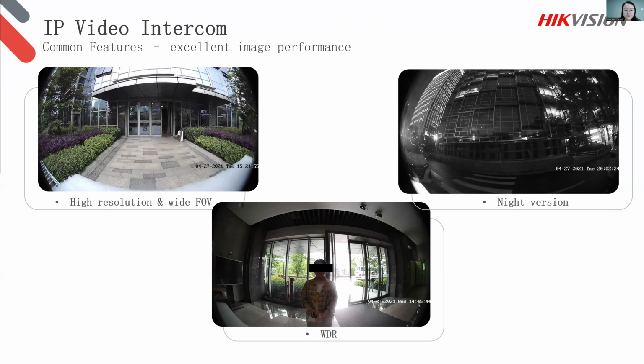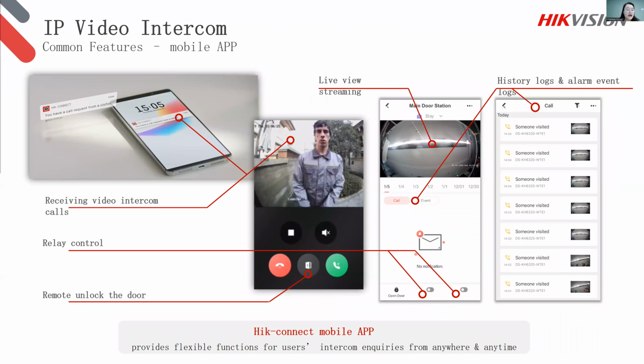For the door station, most of them support adding to the HIK Connect mobile app. So we can remotely open the door, answer the calls and rings, and see all the logs and events. So that is our door station.